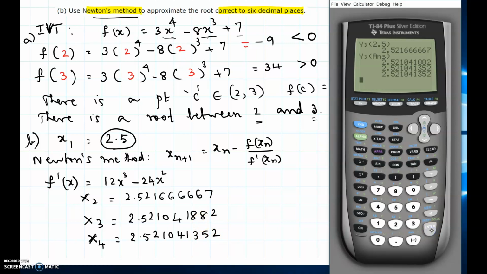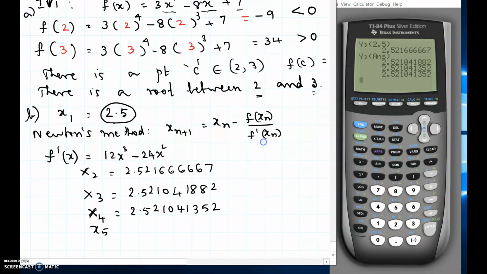Now you notice that this line and the previous line are one and the same, so x5 is the same, 2.521041352. These two approximations agree up to 8 places of decimals.